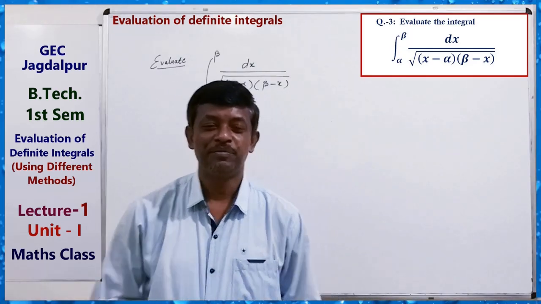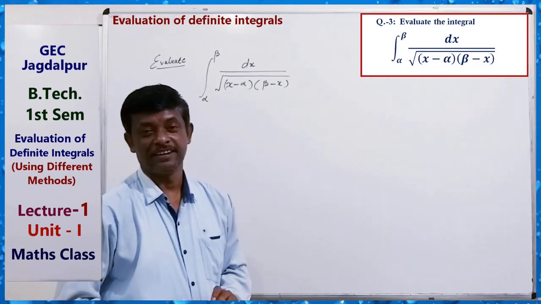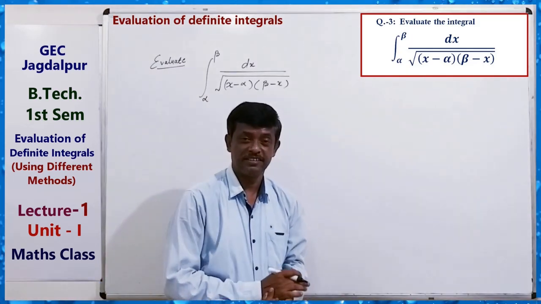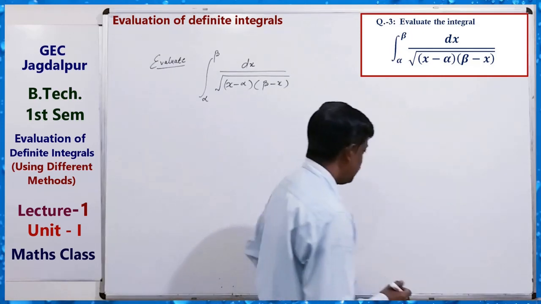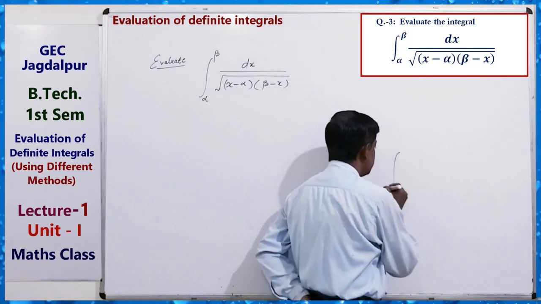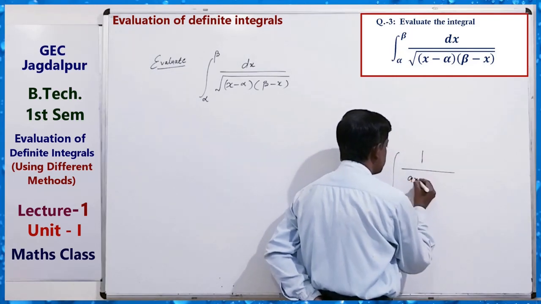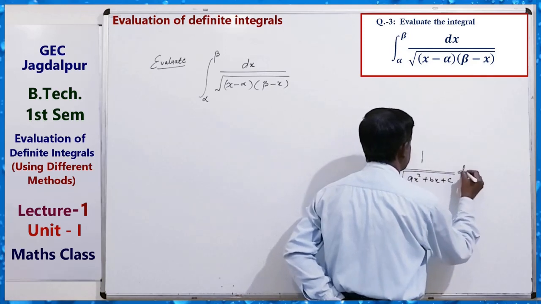Okay, now for solving this integral, just remember the indefinite integration. How can we solve the integral 1 upon ax square plus bx plus c dx?